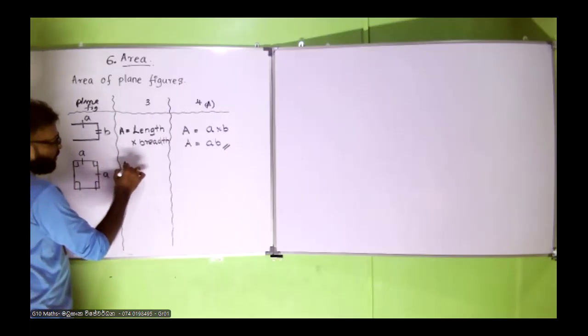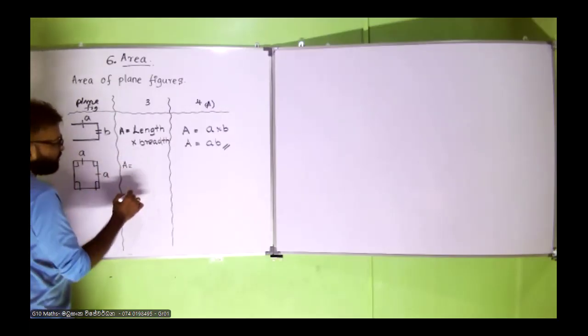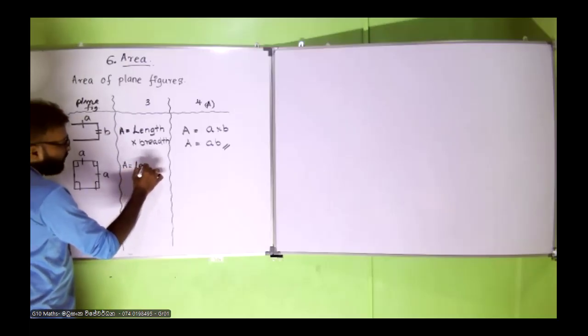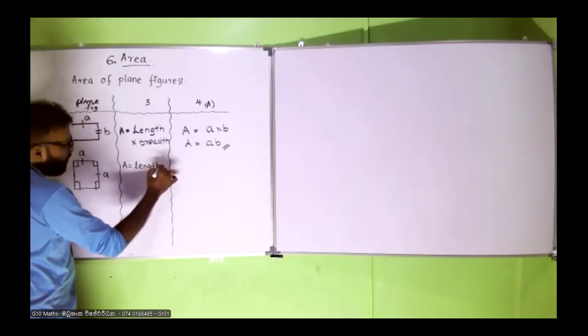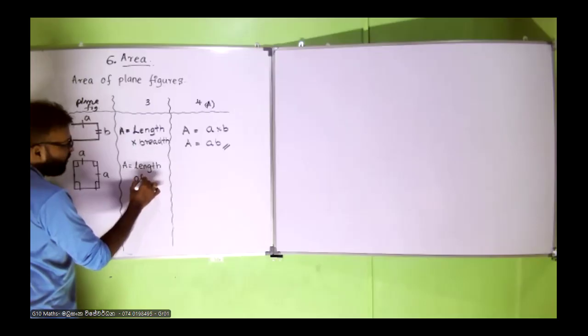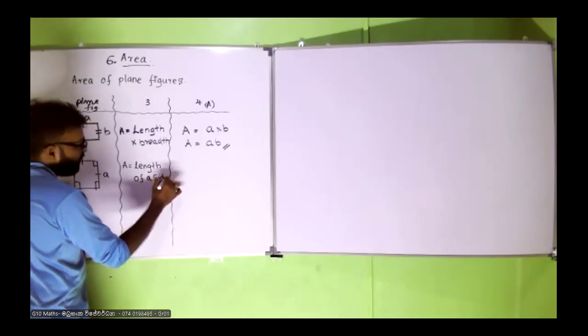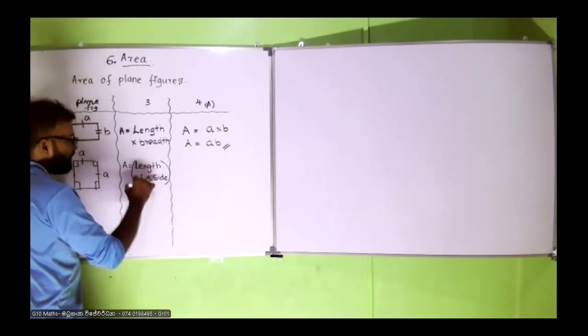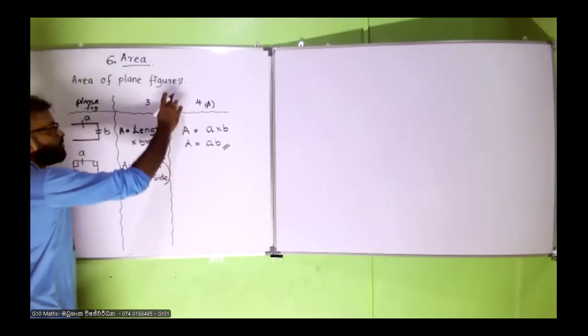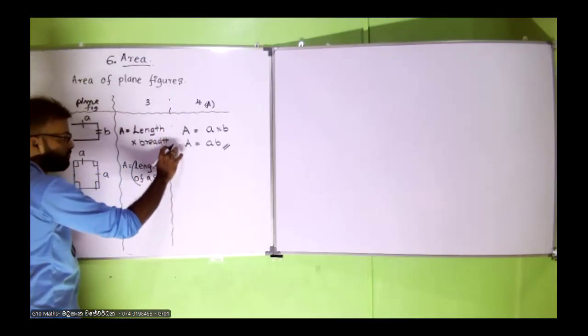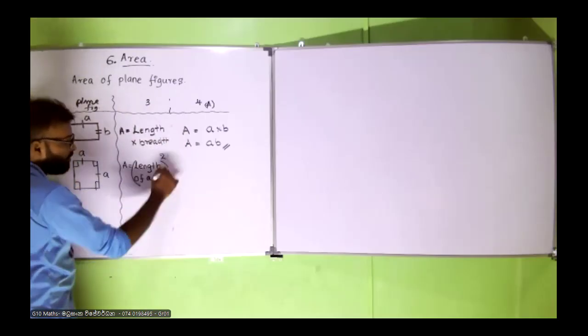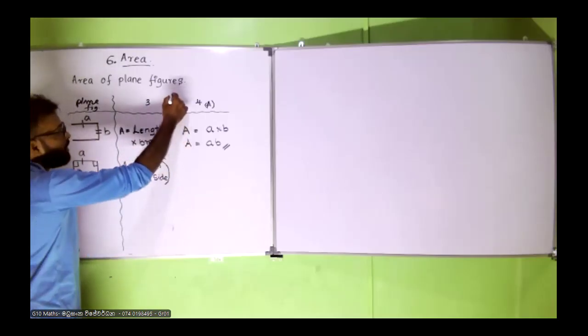So the area can be calculated as the length of a side multiplied by itself.